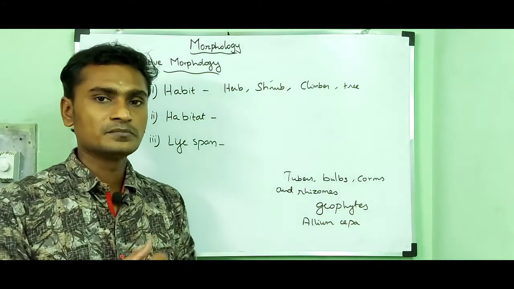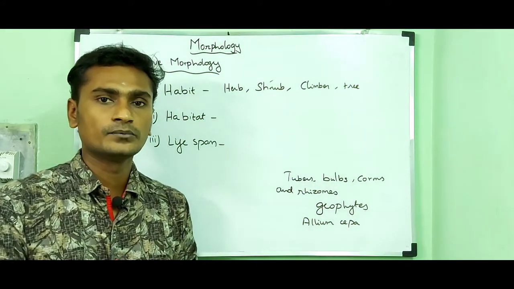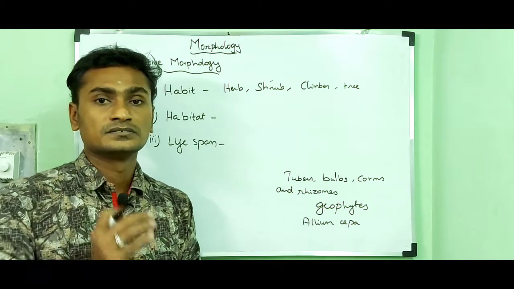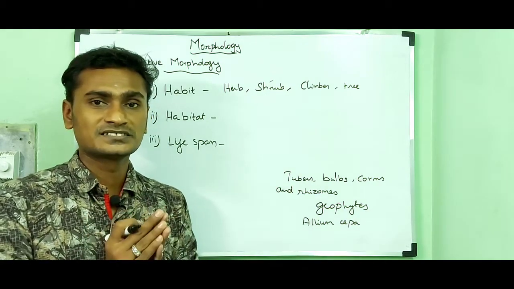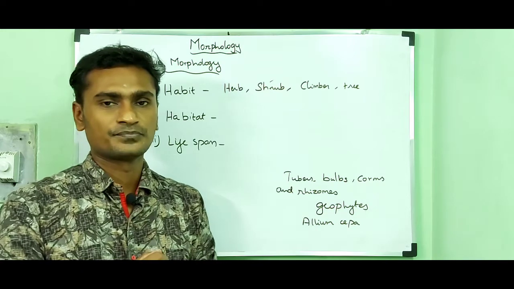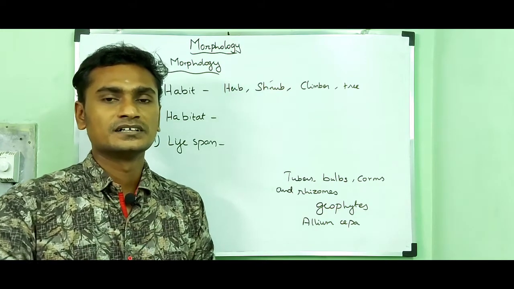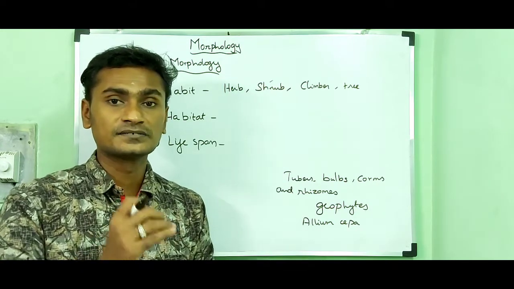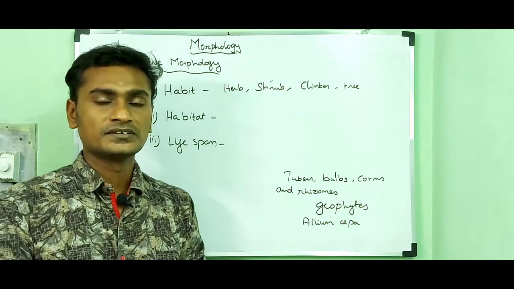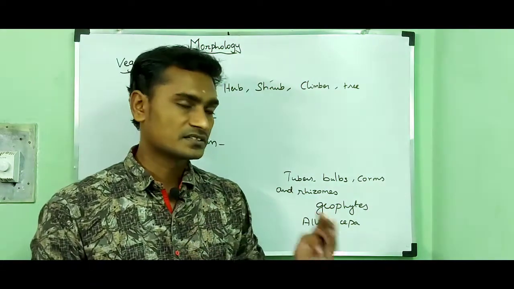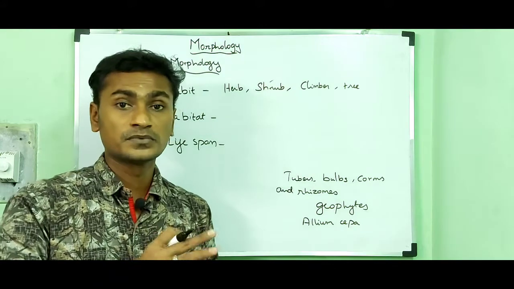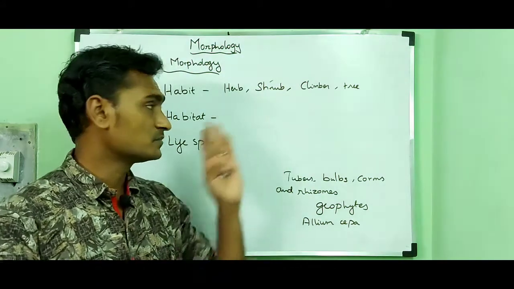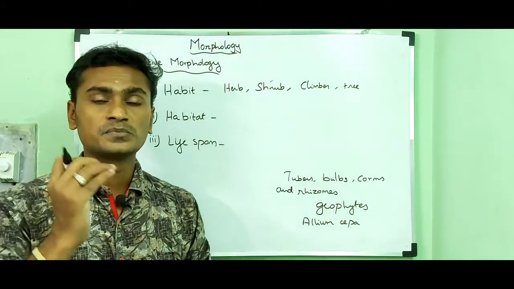சரிங்களா? Climber. So in climbers they do not have a strong stem. It contains a slender stem. It requires a substratum and it requires a climbing device. If the climbing device reaches a substratum, it can climb up that substratum. அப்ப அந்த கிளைம்பர்ஸ்க்கு என்ன தேவை? கிளைம்பிங் டிவைஸ் தேவை.